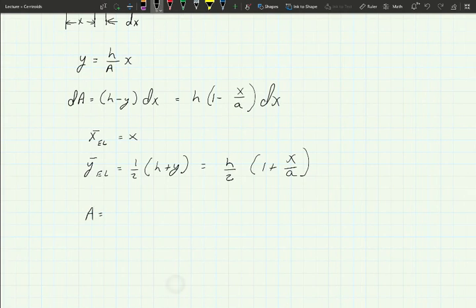Area is going to be the integration of dA, which is why we found the dA up above. If we institute this, we're going to go from 0 to a, h times 1 minus x over a.